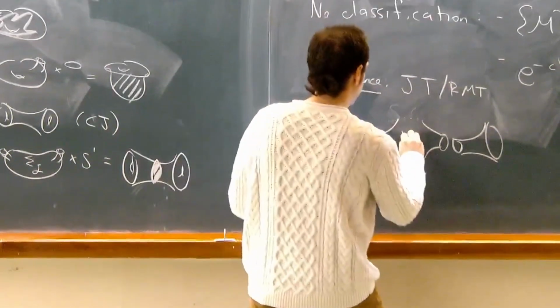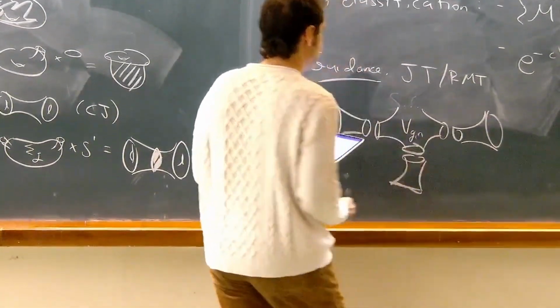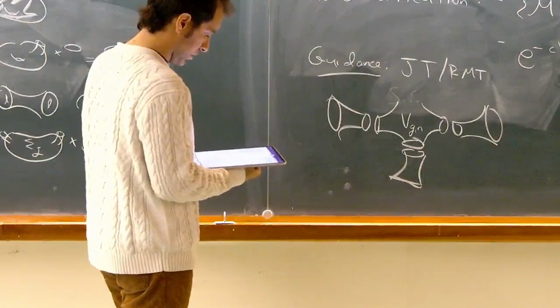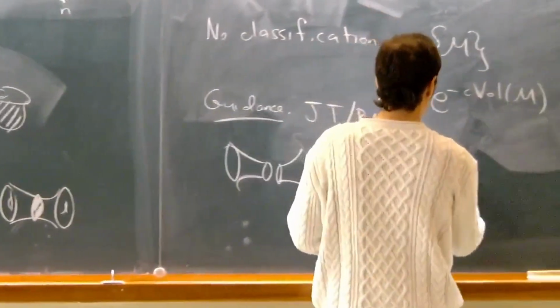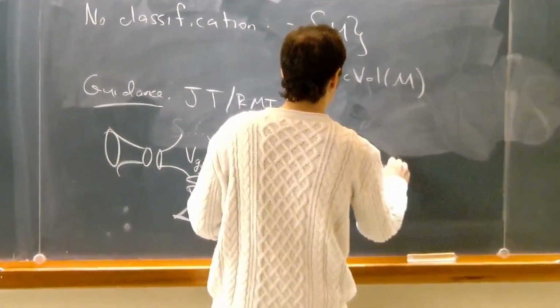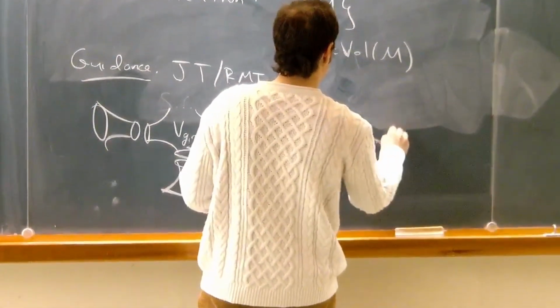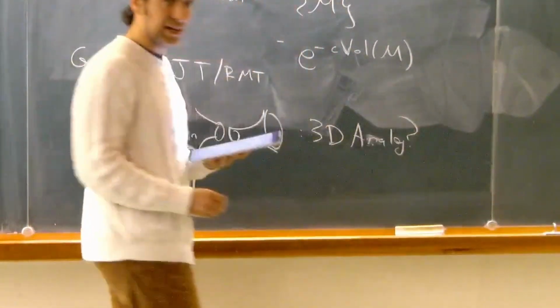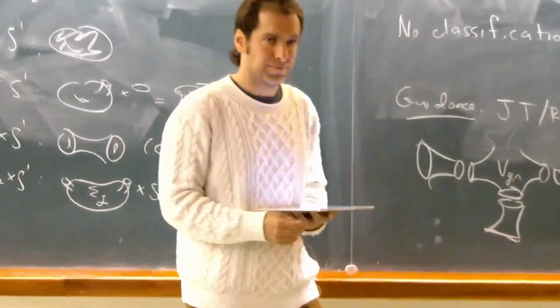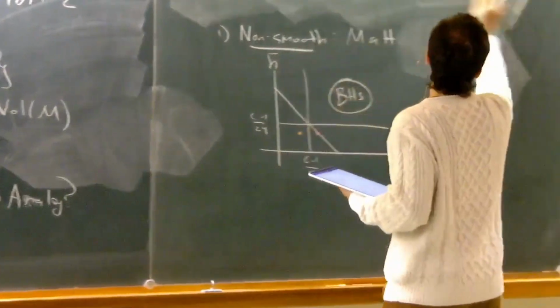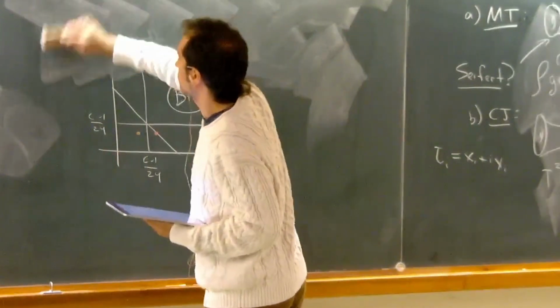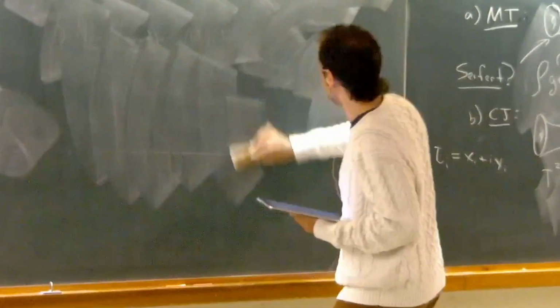And so this thing has some volume, which famously is computed by topological recursion on the matrix model side, etc. And so what we're looking for is some 3D analog of this. Okay.